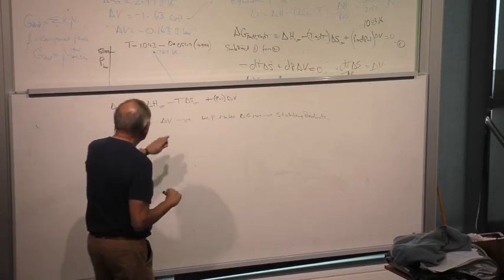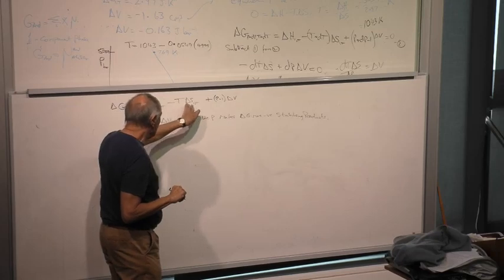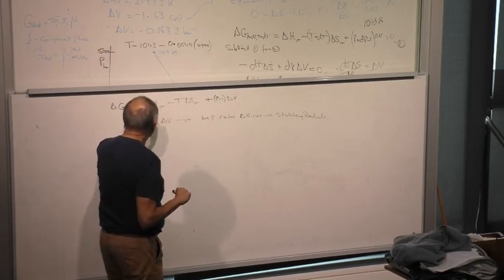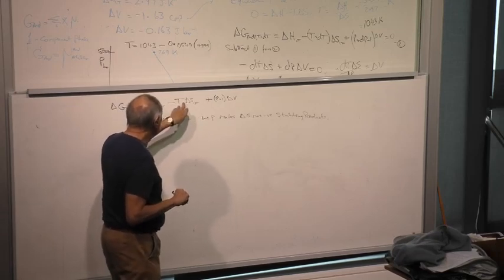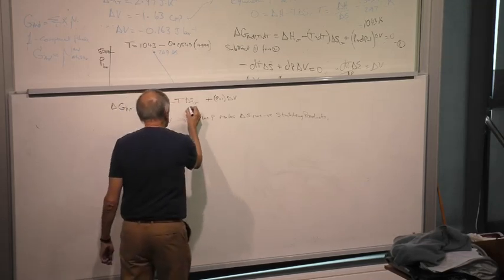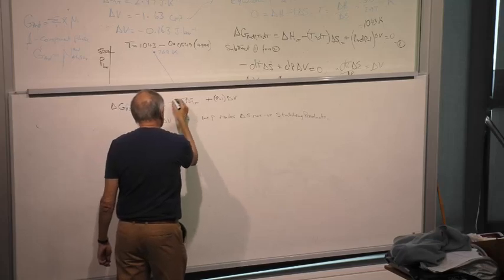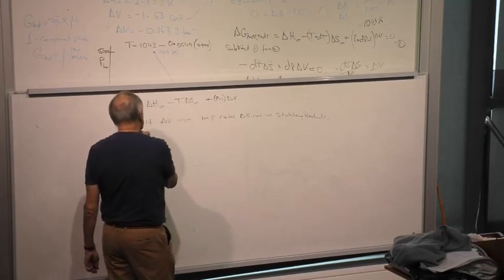On the other hand, if delta S is positive, then increasing temperature will favour the products as well. So if that's positive, increasing T will make this more and more negative, which will stabilise the products.